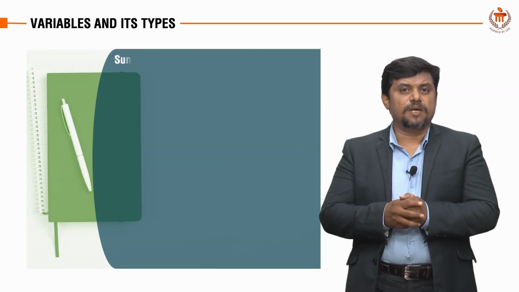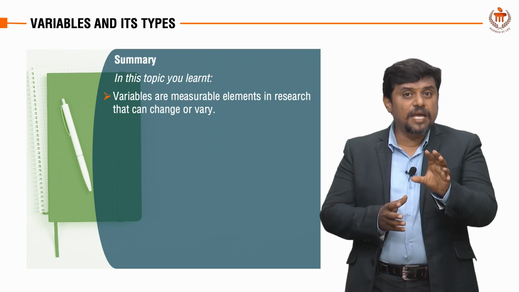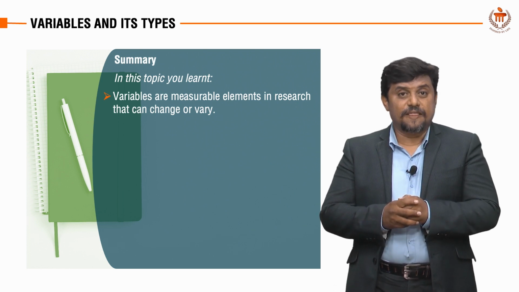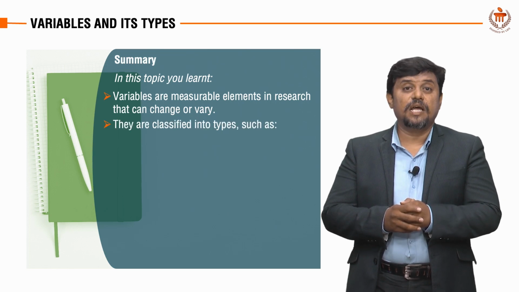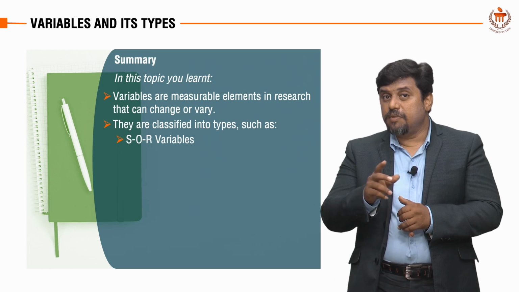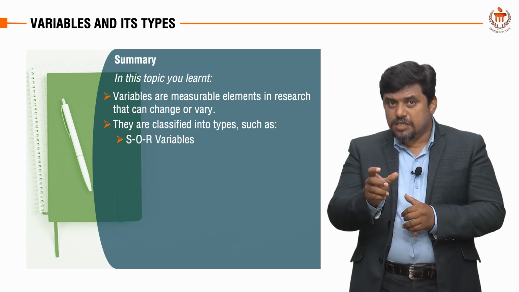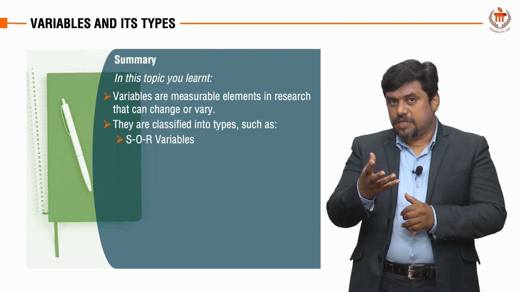In this topic, you have learned that variables are measurable elements in research that can change or vary. They are classified into types such as S, O, R variables, meaning stimulus, organism, and response variables.